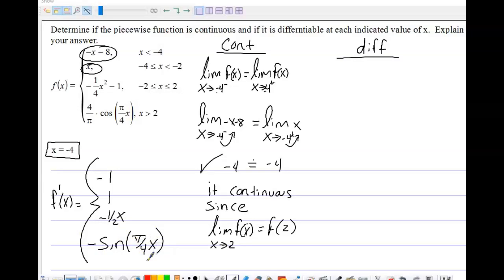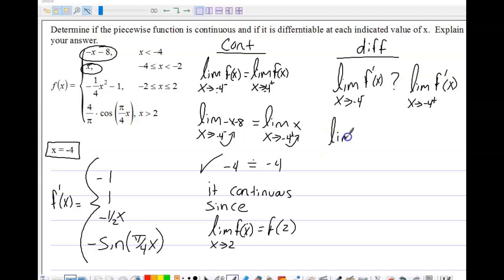All right, so to determine if it's differentiable, we're going to do the same thing, but we're going to be doing it with the derivative. So I'm going to approach -4 from the left, and I'm going to approach -4 from the right, but this time I'm going to do it with the derivative functions. And we want to know, do they come out equal or not?